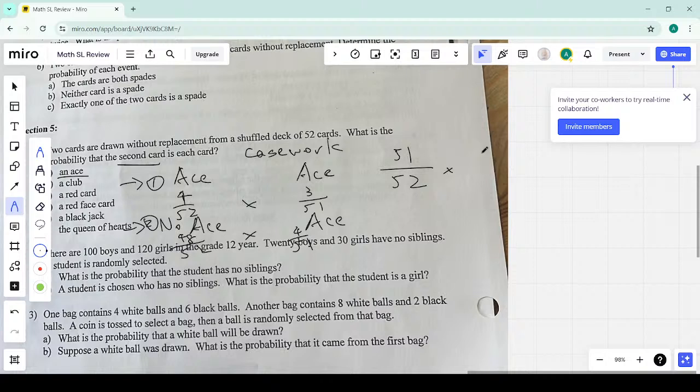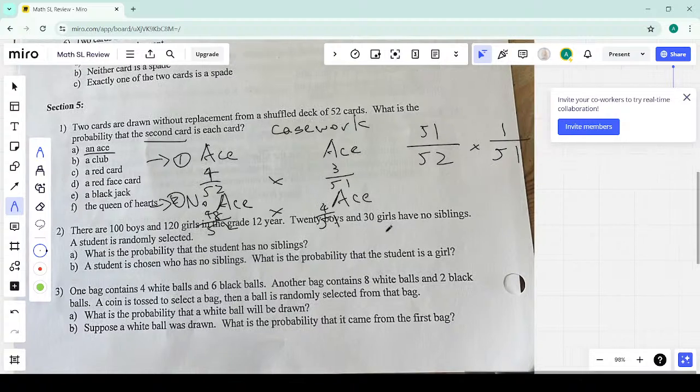Then we have to choose the Queen of Hearts from the 51 cards left after choosing the one from the first step, and that has to be the Queen of Hearts. So 1 out of 51. Then you multiply them together. And in this case, these cancel out, and you just get 1 over 52.